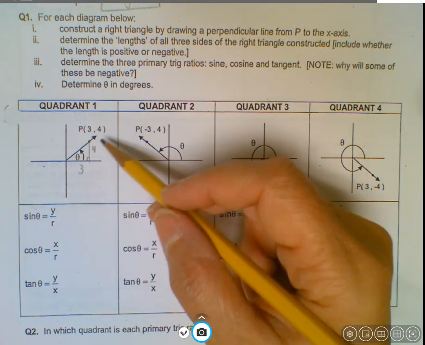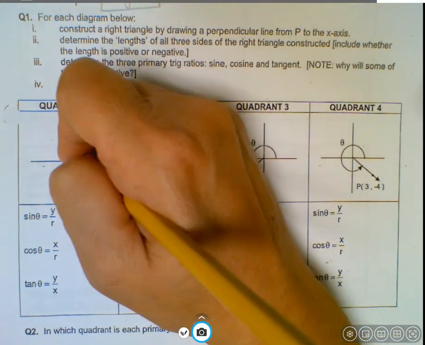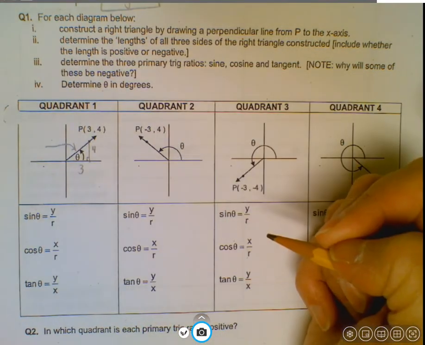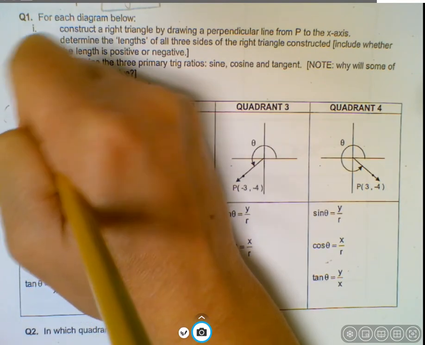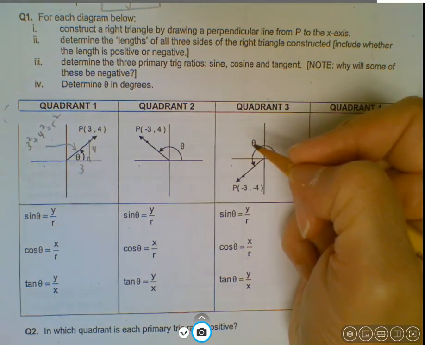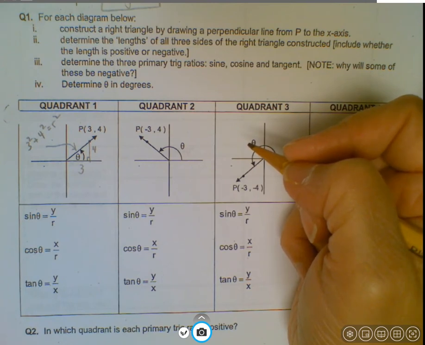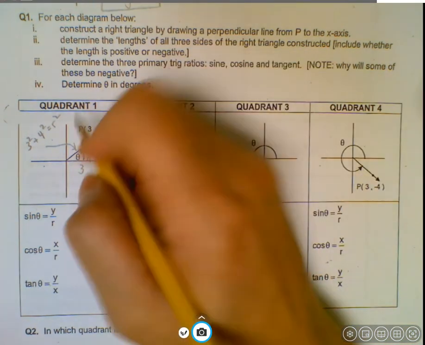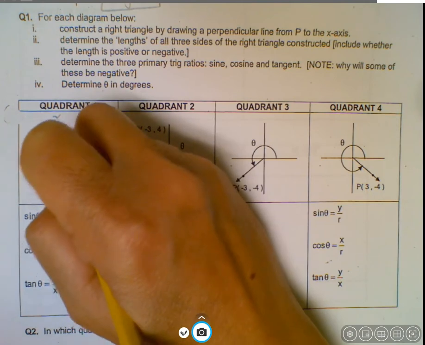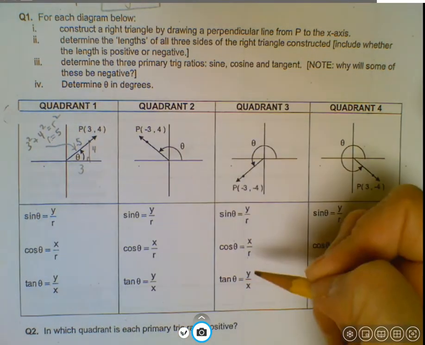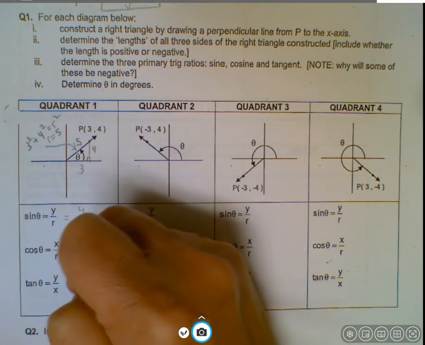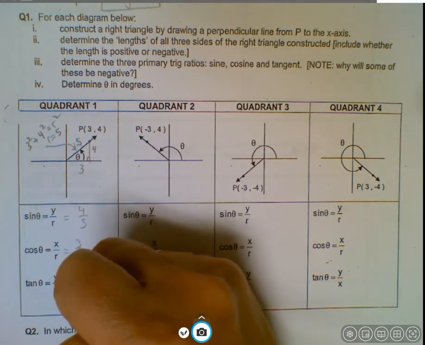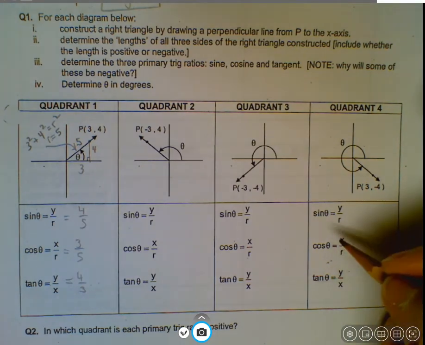So sine theta is going to be, now we're going to need the hypotenuse. So you go 3 squared plus 4 squared equals r squared. And you'll get that r squared is going to equal 25. So r is 5. So sine theta is 4 over 5. Cosine theta is 3 over 5. Tan theta is 4 over 3. Okay, so far so good.